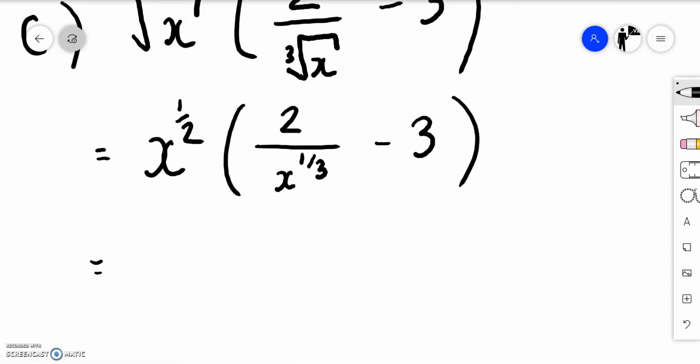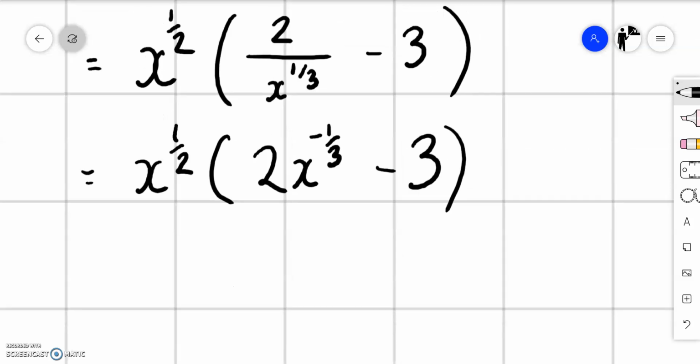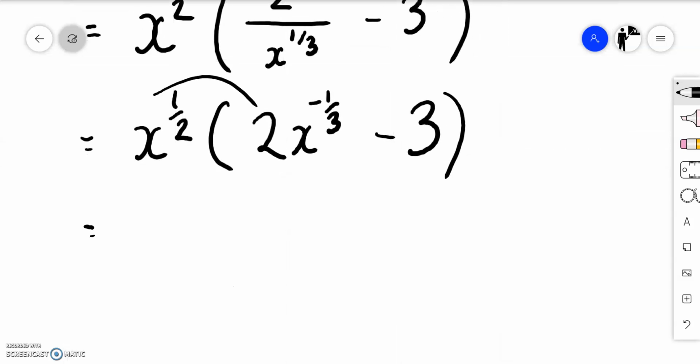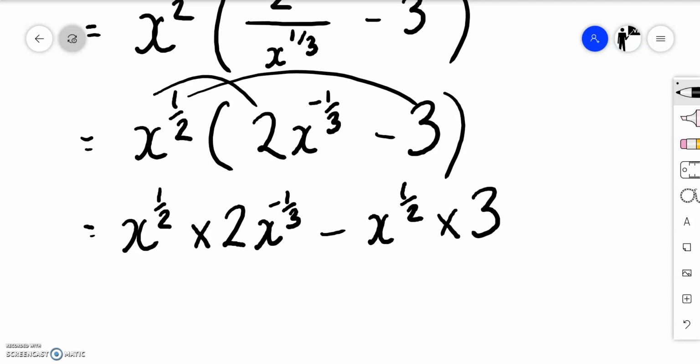Okay, I've got an x on the denominator, I want to take that to the numerator, so I'm not multiplying anything out yet. That's going to be 2x to the negative a third, subtract 3. Now we can multiply. x to the half times 2x to the minus a third, subtract x to the half multiplied by 3.